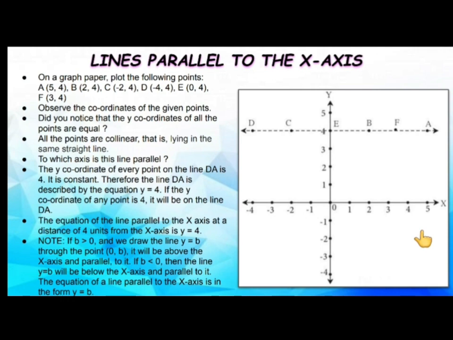So if y equals b, and b is greater than 0, it will be above the x-axis and parallel to the x-axis, and if it is less than 0, it will be below the x-axis and still be parallel to the x-axis. The equation of a line parallel to the x-axis is in the form y equals b. So the equation of any line in its general form which is parallel to the x-axis is of the form y equals b.